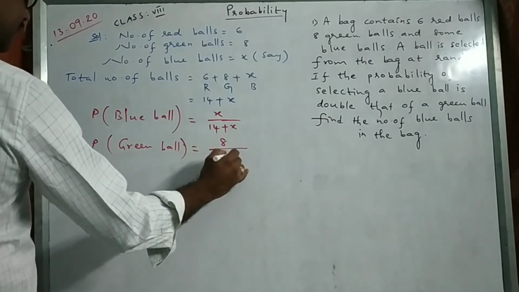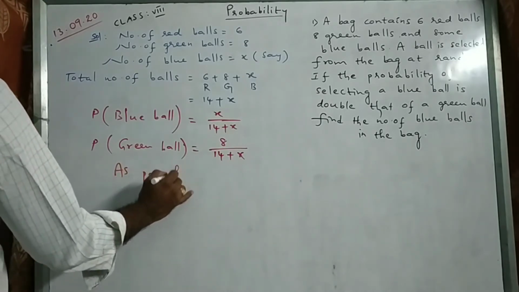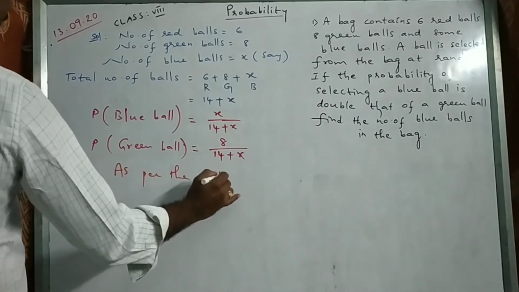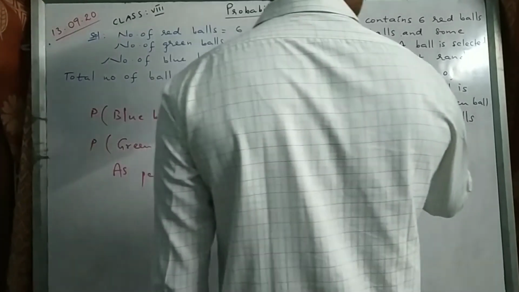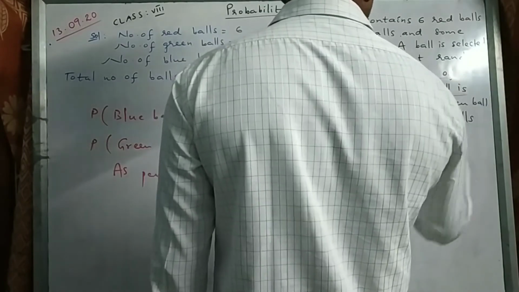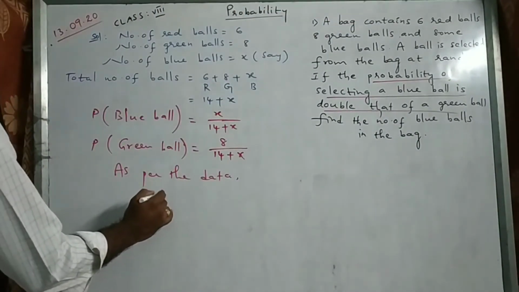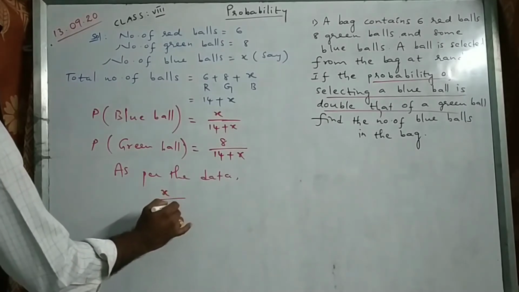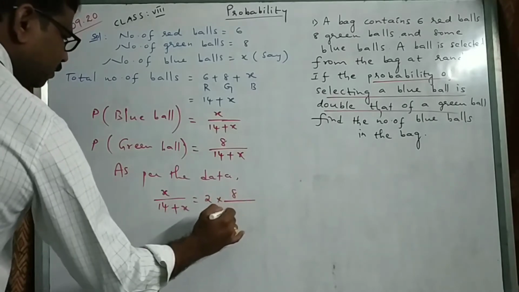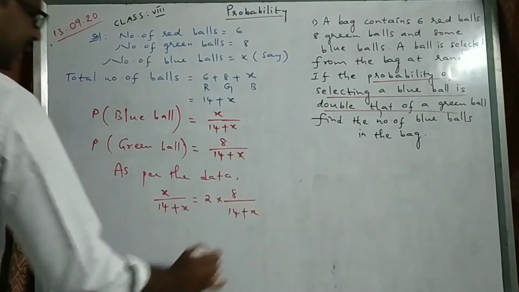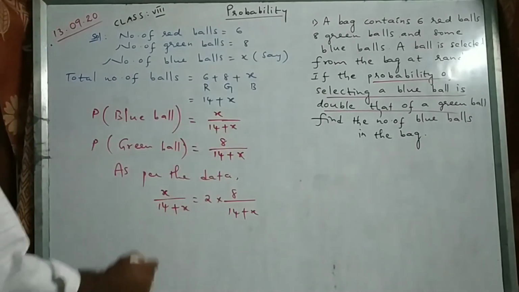So 14 plus X. As per the data, what is the condition here? Probability of selecting a blue ball is double that of a green ball. That means X by 14 plus X equal to 2 times 8 upon 14 plus X. Is that clear? 2 times of green ball probability.